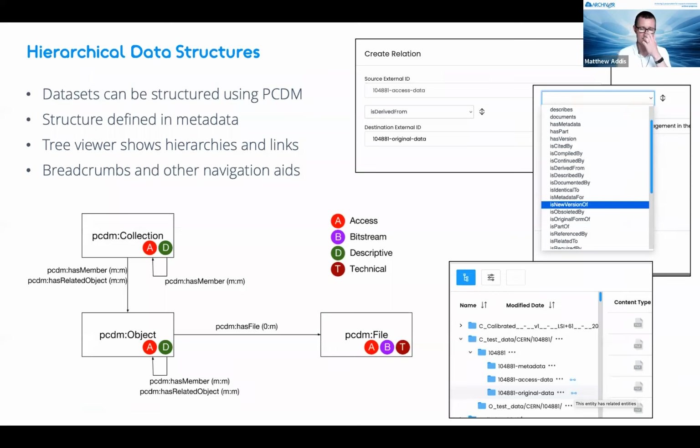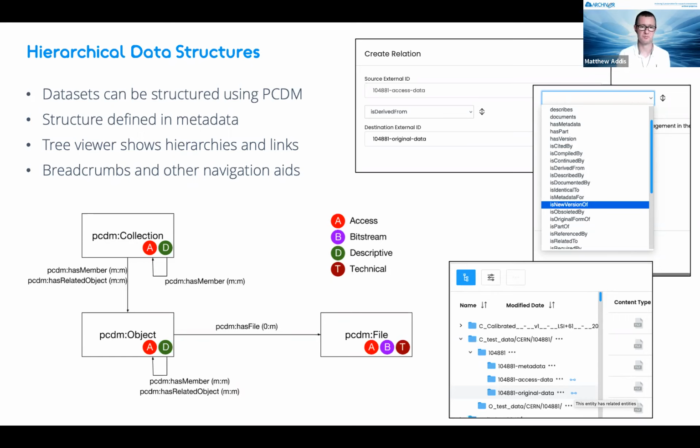Okay, so that's giving you an idea of how it's possible to browse and search for content in the ARKIVUM solution. As you saw, it's possible to structure data sets into a hierarchy, and we do that by using the Portland Common Data Model, so PCDM.